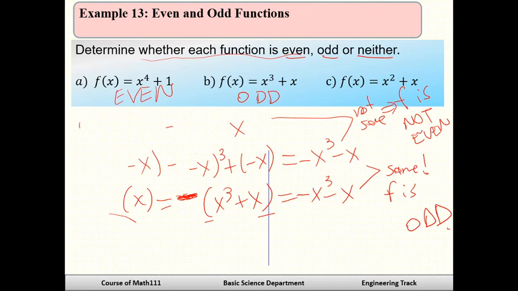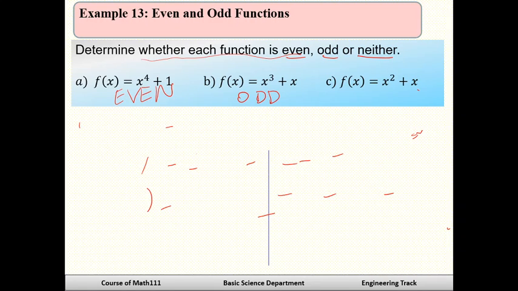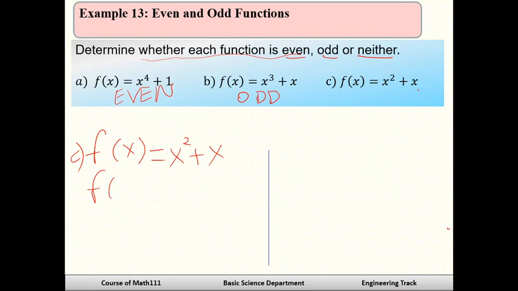Now let's look at C. Let's use the same thing here, like f of x equal to x squared plus x. You write this one. I will use this part because I need some space. Now you write f of minus x.